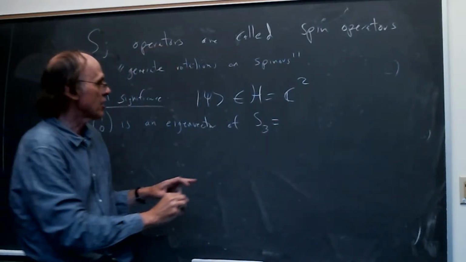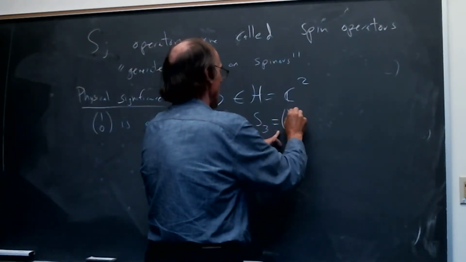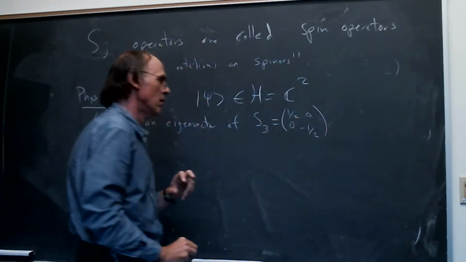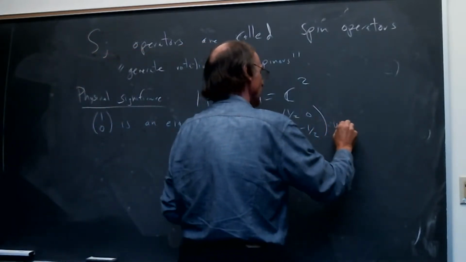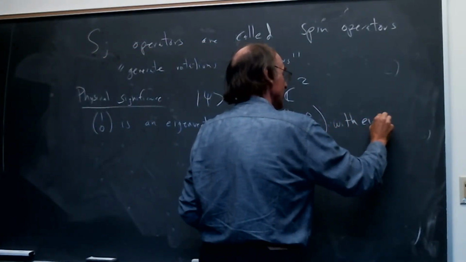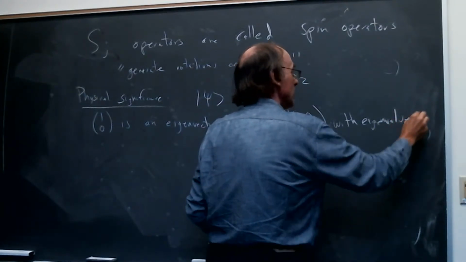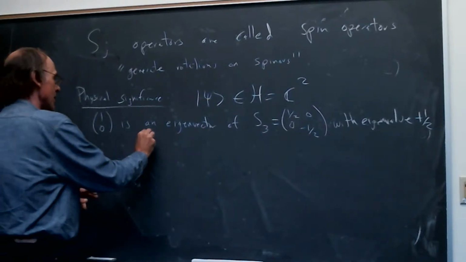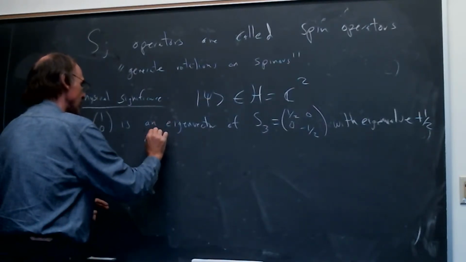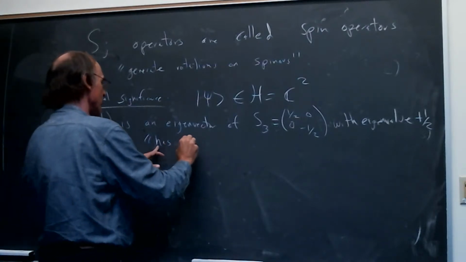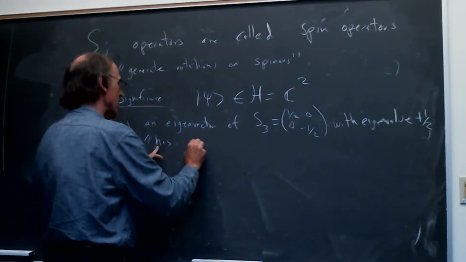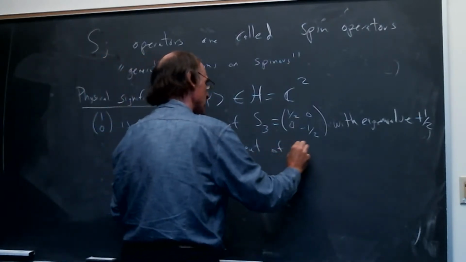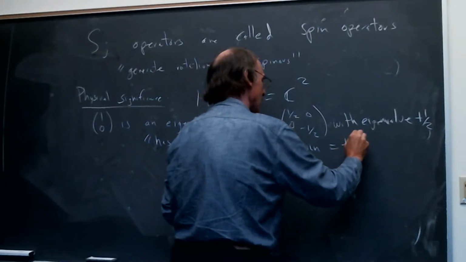S3, remember, is then going to be diagonal with entries a half and minus a half, with eigenvalue plus a half. So we say that it has three component of the spin plus a half.